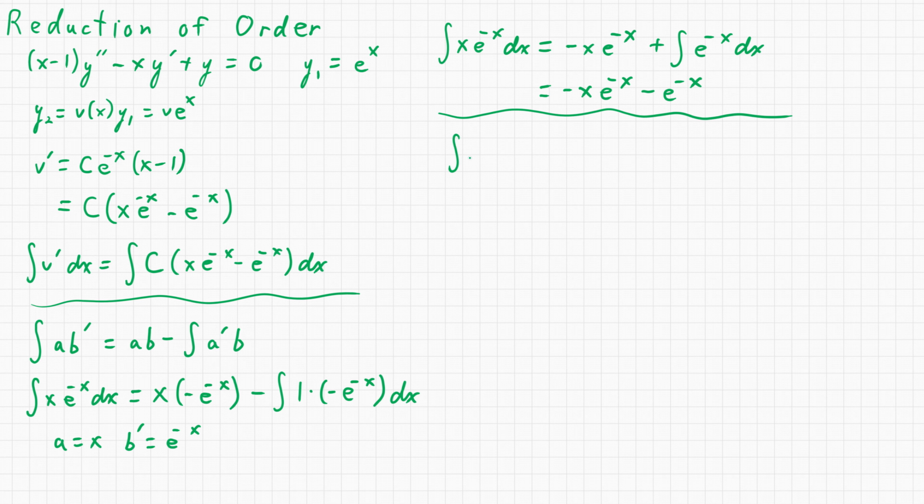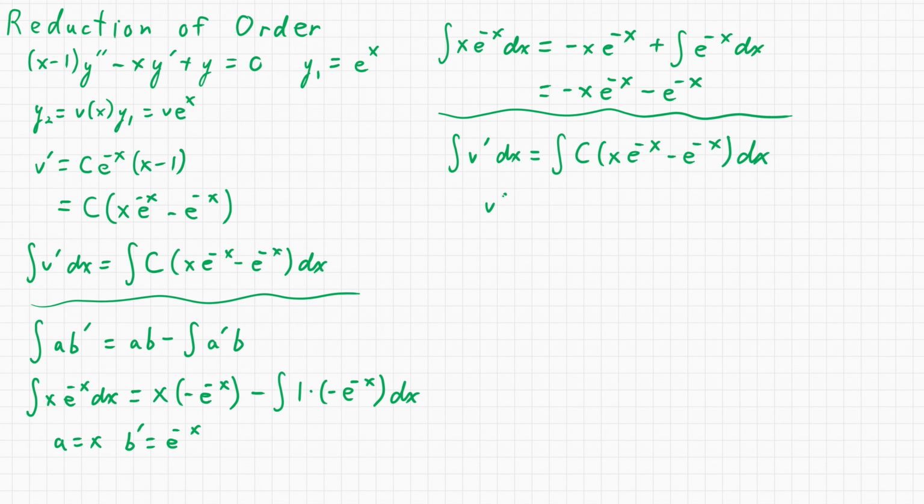All right, so we were able to do that, so now we have the integral of v prime dx equals the integral of a constant times x e to the negative x minus e to the negative x dx.